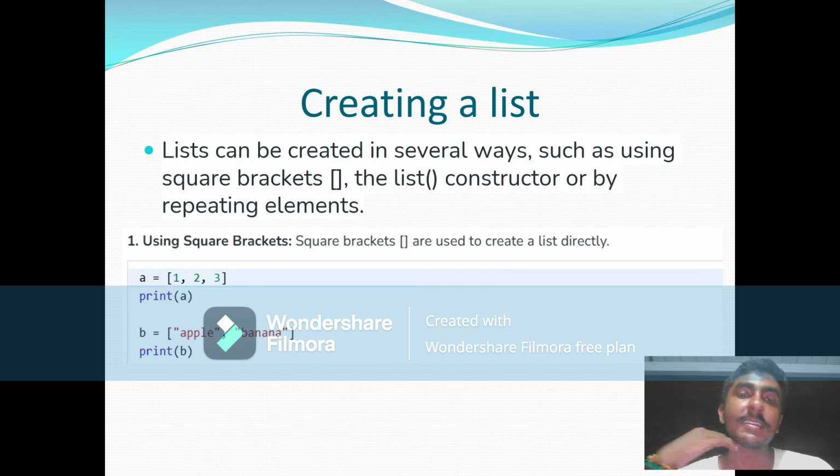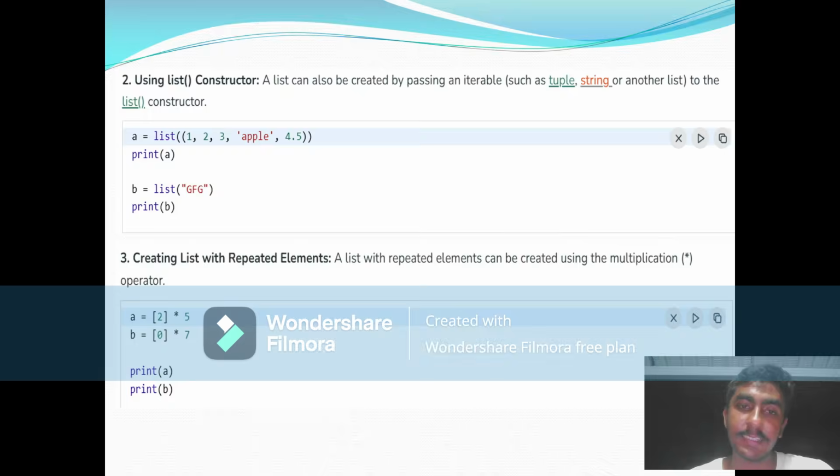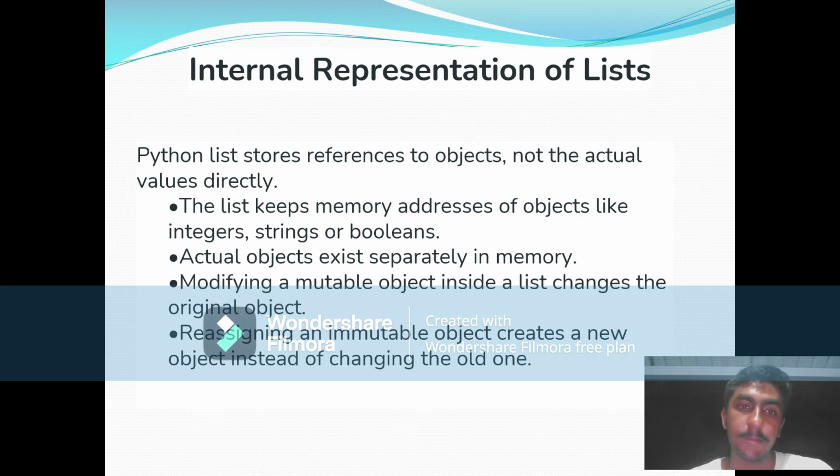Internal representation of a list. Now there is an interesting concept. The PPT explains that lists do not store the actual values directly. Instead, they store the reference or memory address of those values. Don't worry, you don't need to understand computer memory in detail. Let's simplify it. Imagine your mobile phone's contacts app.